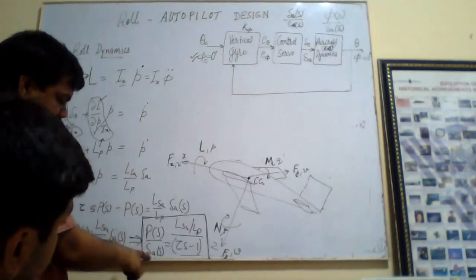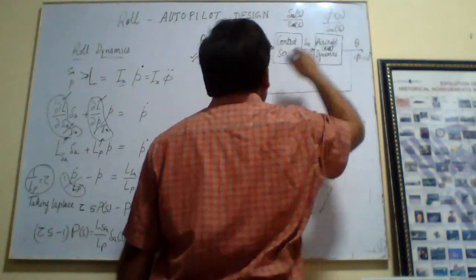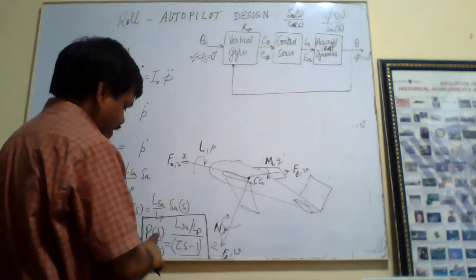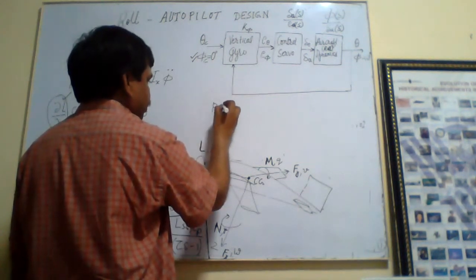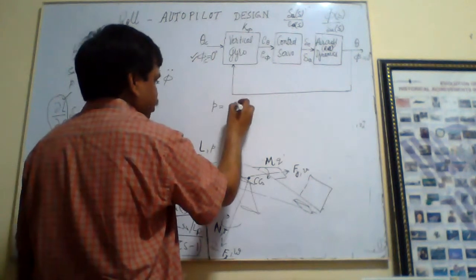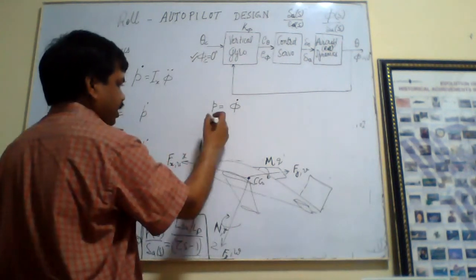Through roll dynamics we have got P of s by del A of s, this ratio, but we want phi of s by del A of s. How can we do that? After we have this, we can make use of this equation: roll rate is equal to the time derivative of bank angle.